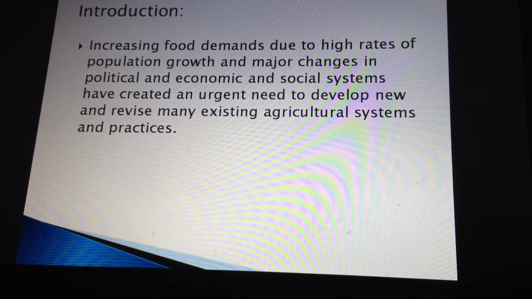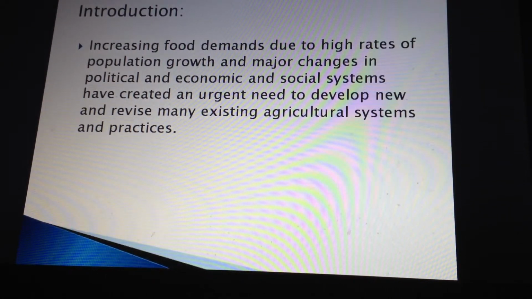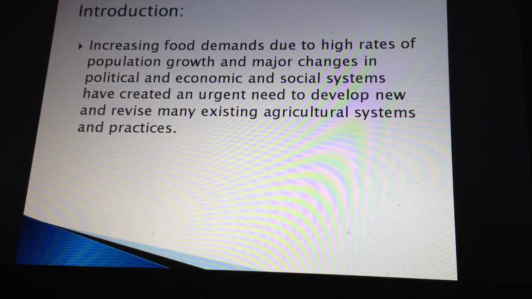Introduction. Increasing food demands due to high rates of population growth and major changes in political, economic and social systems have created an urgent need to develop new and revise many existing agricultural systems and practices.